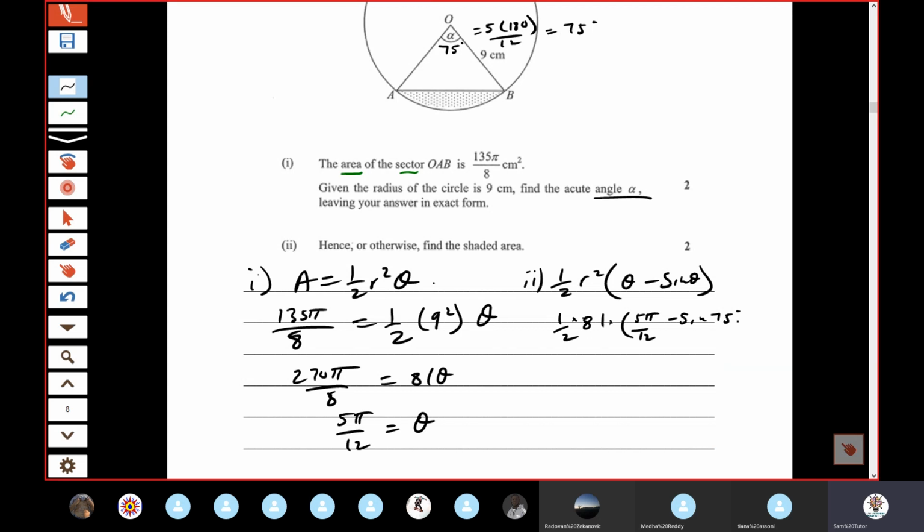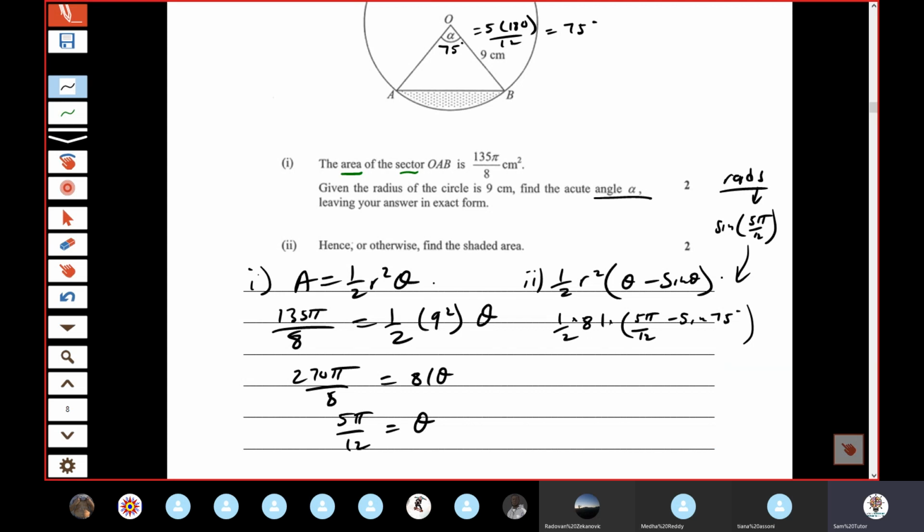Minus sine 75 degrees. If you leave it in degrees, fine, or you can change sine 75 to 5 pi on 12 as radians. The calculator needs to be in radians. So I'm trying to show you where you will go wrong. I can almost guarantee you guys will make a mistake if you're not aware of it. 81 times... Oh, it says hence, so it doesn't say exact.